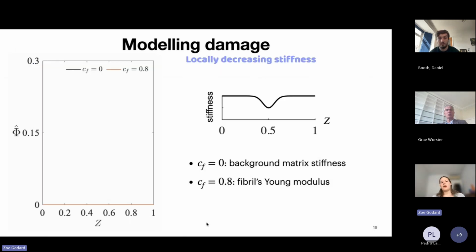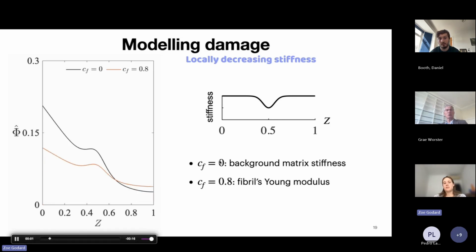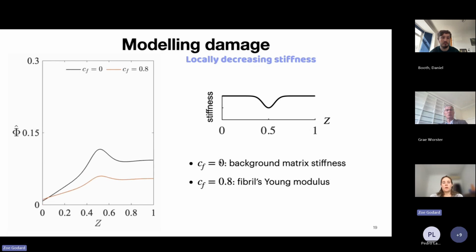And so now the question is, well, how do we model damage in this scenario? Well, we can do the same thing that we were doing before and just locally decrease our stiffness. So that, as you might expect, gives us a very similar result, but just with a smaller effect really, because the strain is lower anyway. But it also unlocks other ways to model damage.